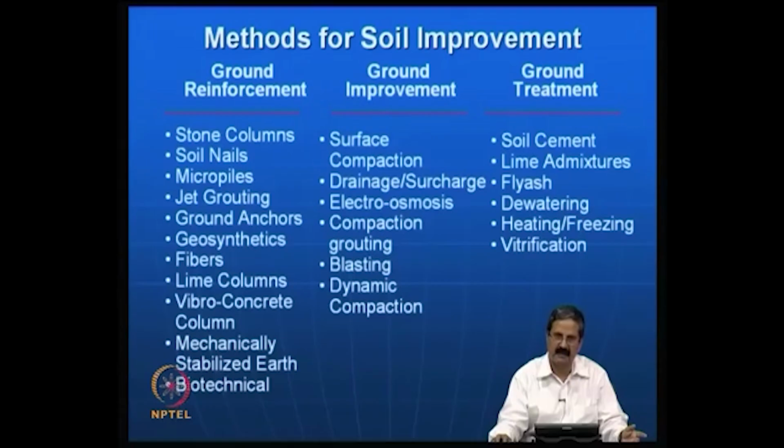We will see some examples. In fact, there are one or two case studies abroad where vitrification was done. For example, there is a site next to a factory, and the factory released a lot of hazardous materials, and now that area has to be reused. So, they have done this sort of vitrification in some cases. Okay.